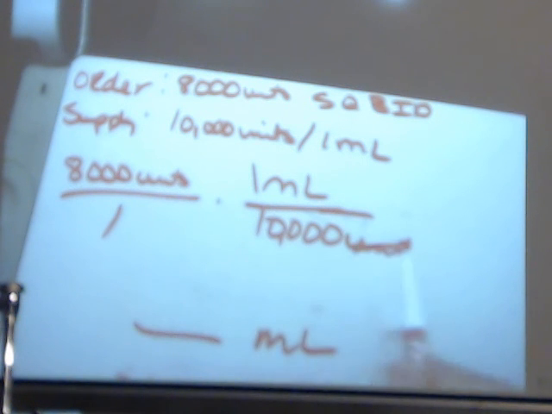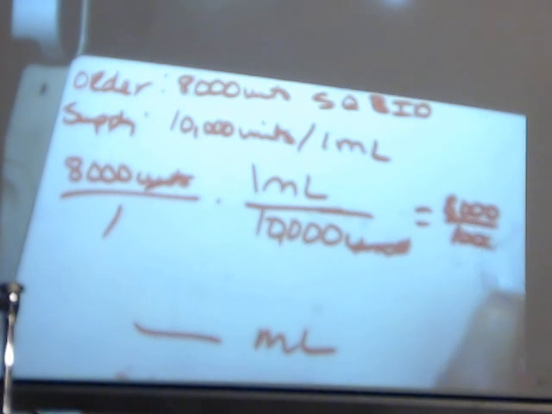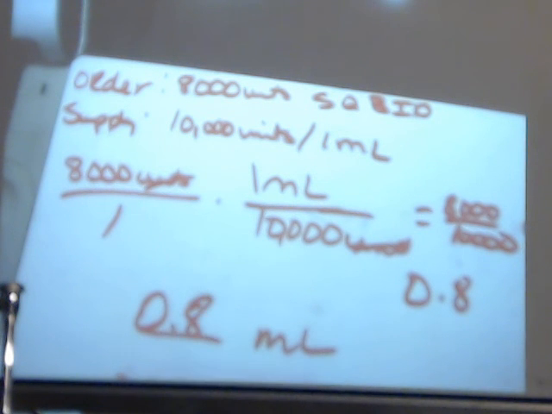We have to get rid of our units because it wants to know milliliters. So 8,000 divided by 10,000 equals 0.8. So we're going to give 0.8 milliliters.